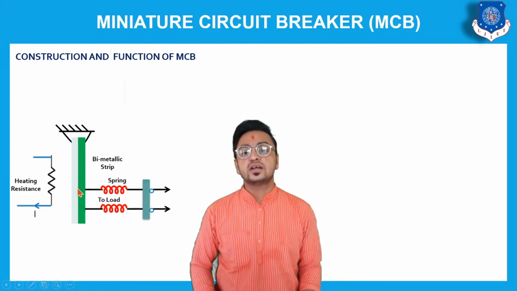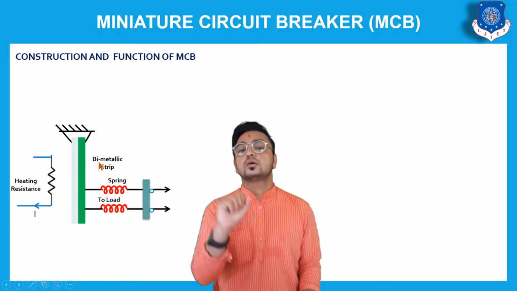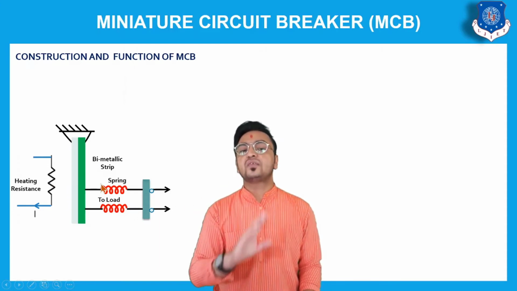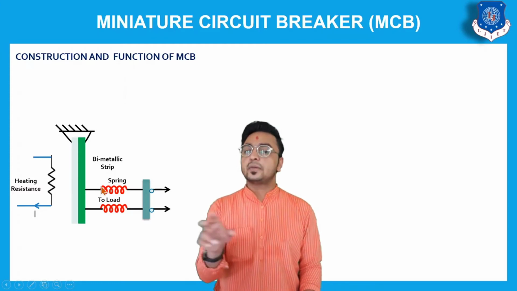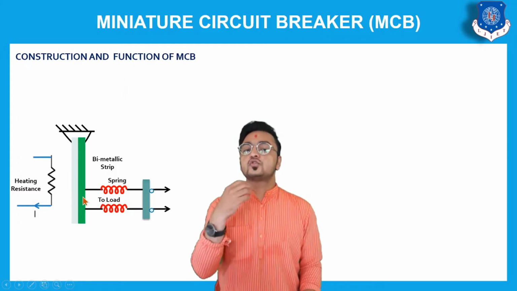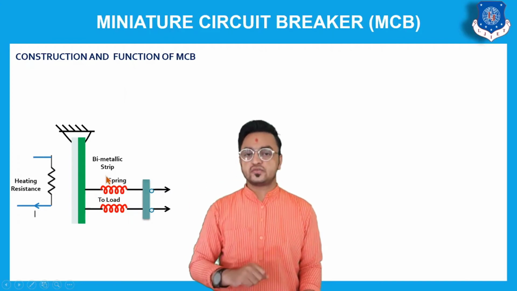Here we can observe that we have two strips along with each other, and as these colors indicate, they are made of two different materials. As they are made of different materials, we choose materials which have different expansion rates.